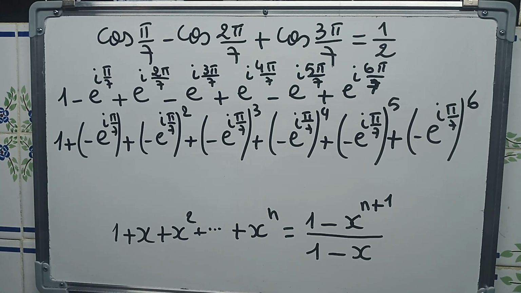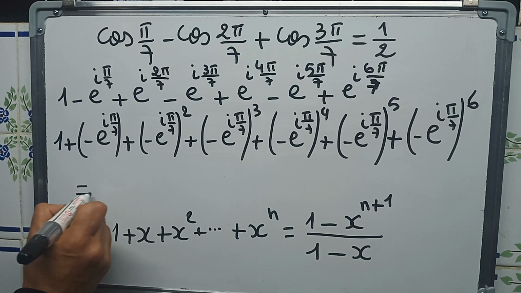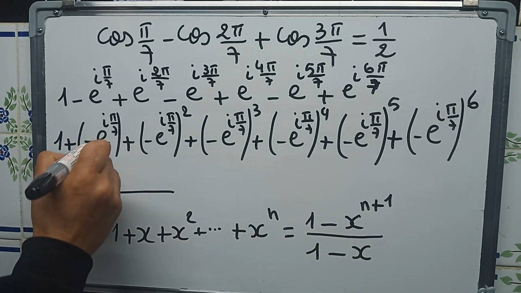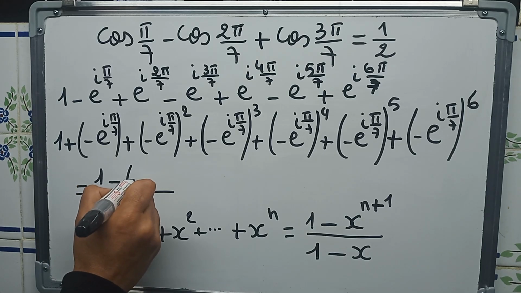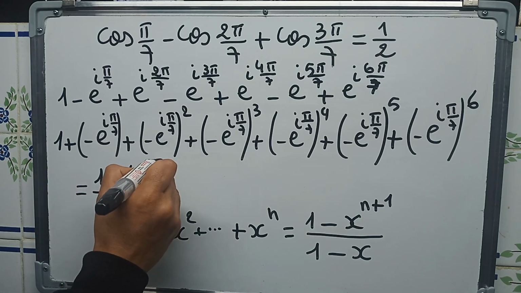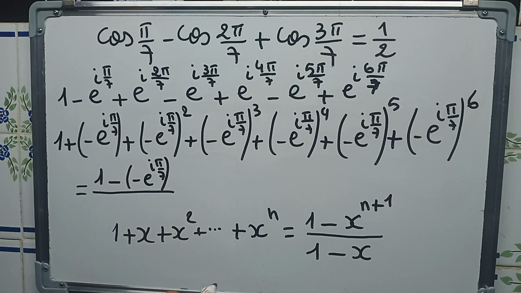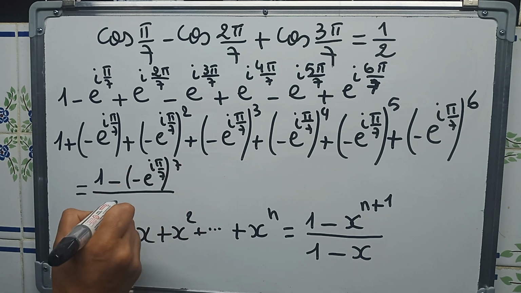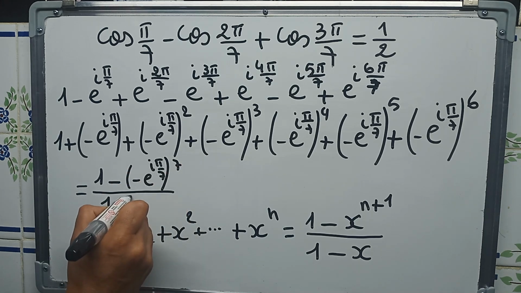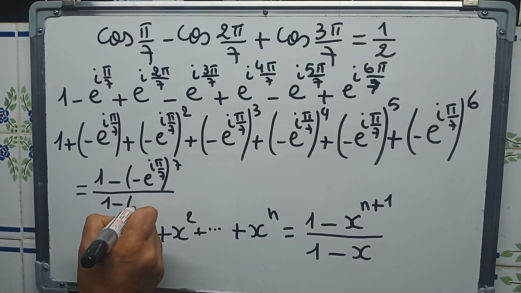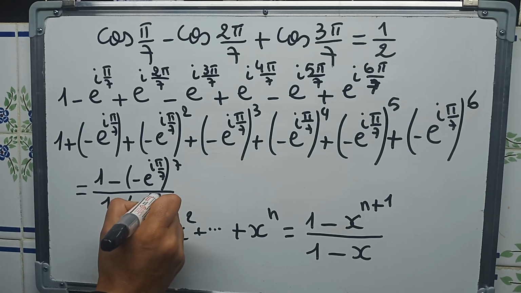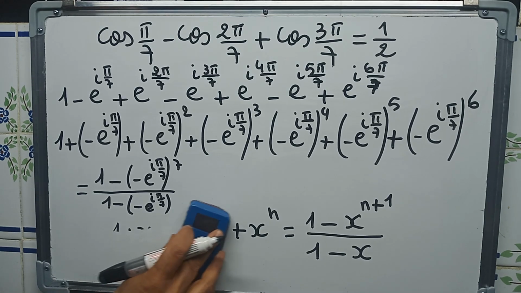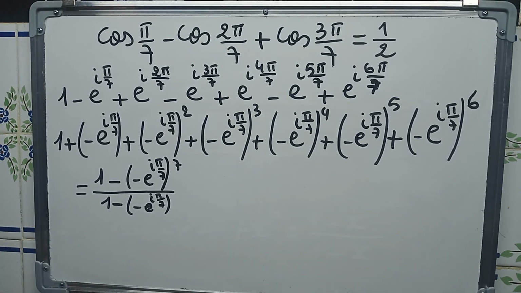So applying this, the number will be equal to 1 minus our x, which is minus e^(i pi over 7), to the power n plus 1, and n is 6, so n plus 1 is 7, over 1 minus our x, minus e^(i pi over 7). Now we will continue to find its value.